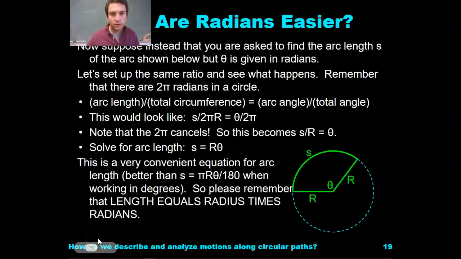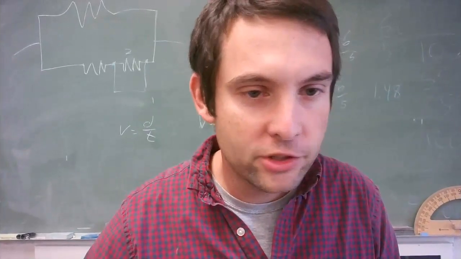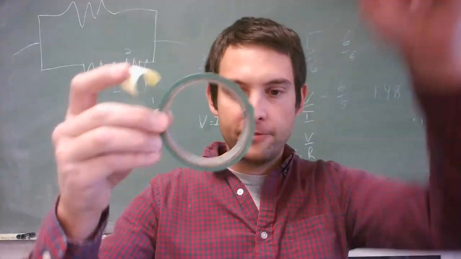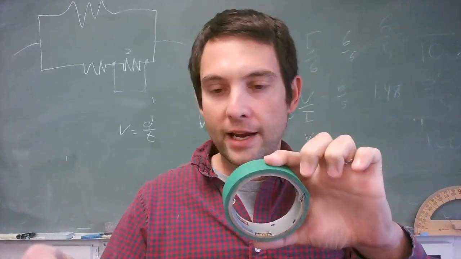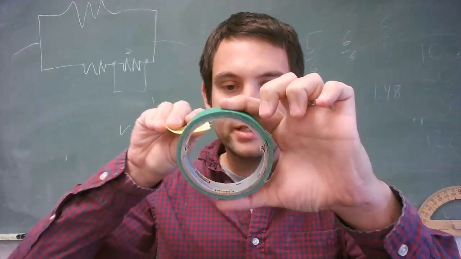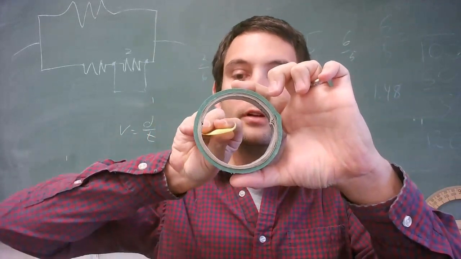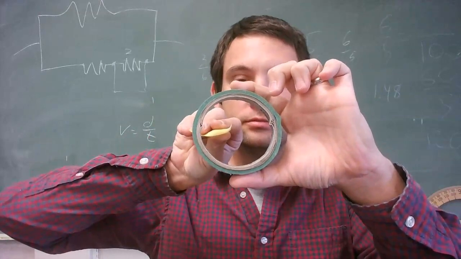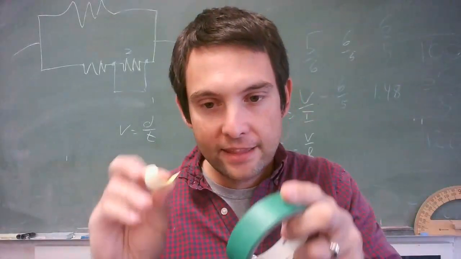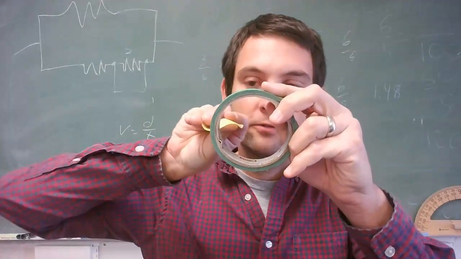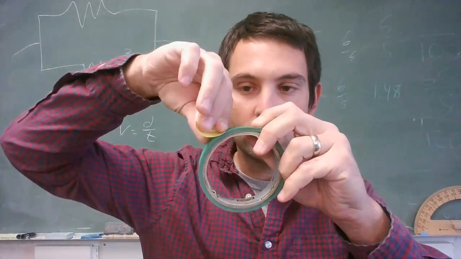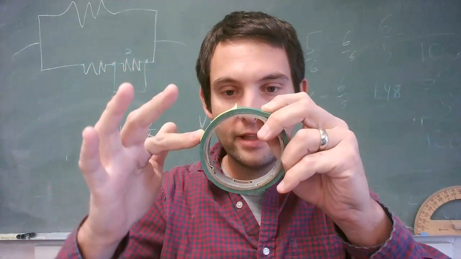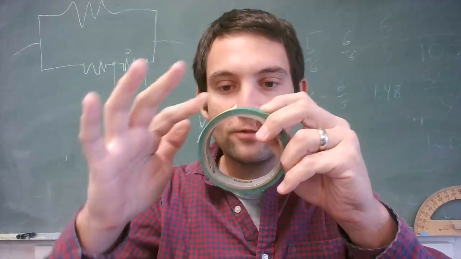Let's talk about what a radian actually is. So let's say I have this round circle right here, and I have this piece of tape, which is the length of the radius of the circle. If I take the length of this radius and I apply it around the circle, that length right there is 1 radian.